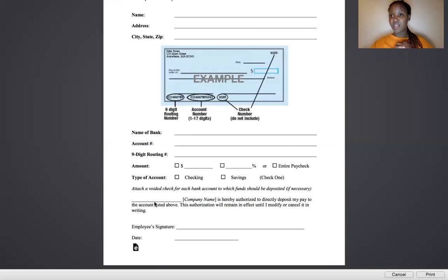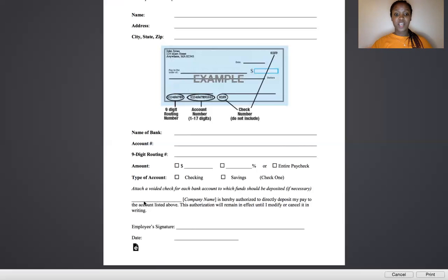And other examples of company names could be Amazon, Walmart, or it could be JB, or it could be Horton's Food. So that is the company name. Company name is where you work.